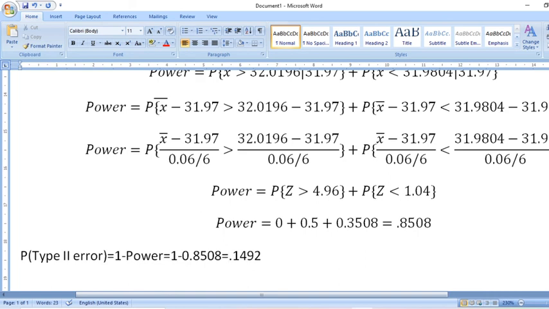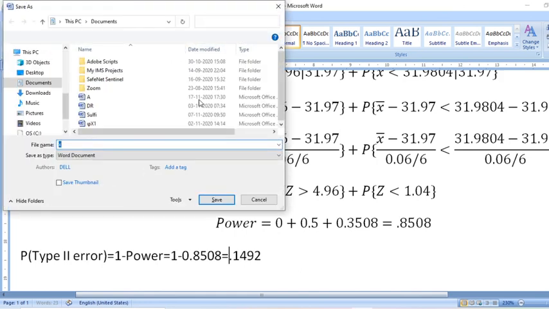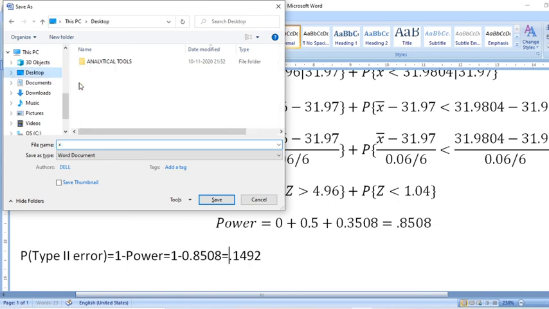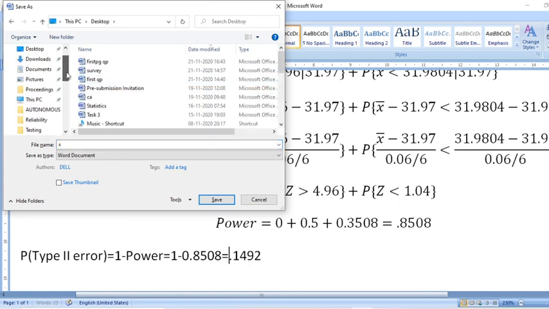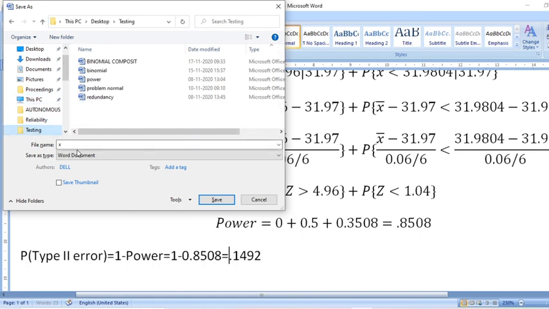That is the probability of type 2 error. I think you got the idea of calculation of power and type 2 error. So I think this question is asked for computation of power and type 2 error.